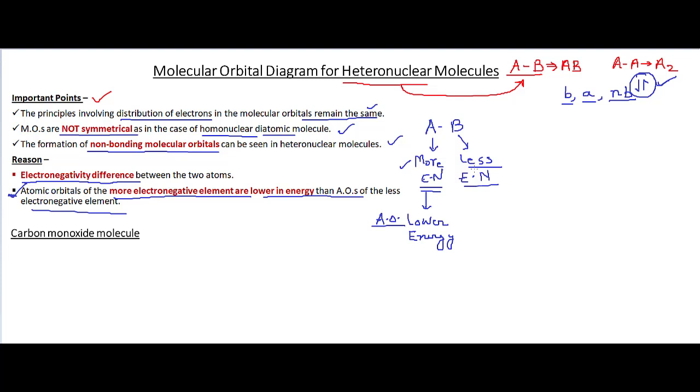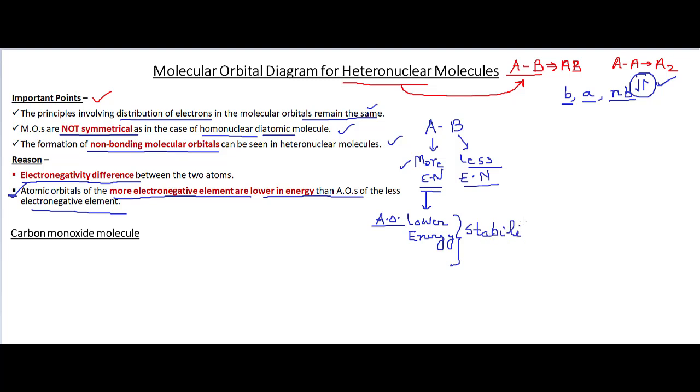Where there is electron charge density, that results in bonding and gives the molecule its stability. That is why the more electronegative element will be towards the lower end.